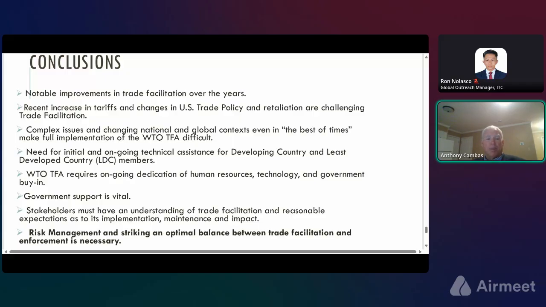And there's a need for ongoing technical assistance, especially for developing countries and least developed countries, LDC members, to use the UN terminology. And human resources and technology expenditures for both the government and the private sector are vital.